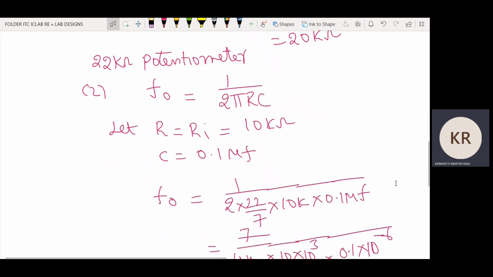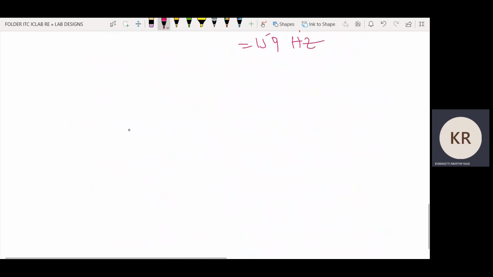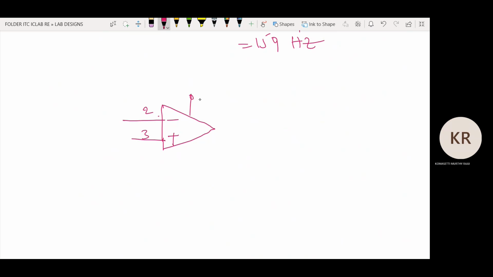Again I will redraw the entire circuit diagram here. Minus is the inverting terminal, plus is the non-inverting terminal. Here second pin, here third pin, here 7.